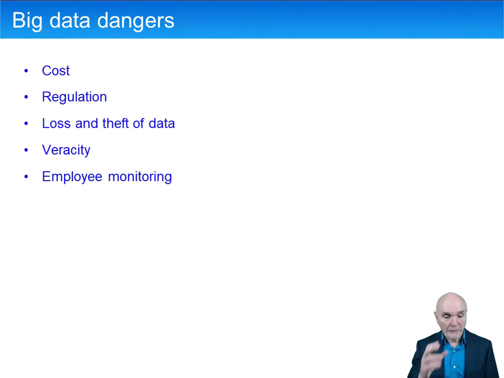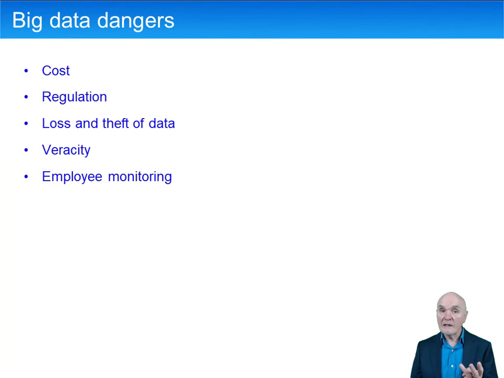There is the problem of loss and theft of data, hackers coming in, accessing people's buying habits, accessing people's credit card numbers, accessing maybe people's addresses and so on. It's not great if a hacker comes in and discovers when you're on holiday, because probably your house is going to be empty then, and it's quite a good time to be a burglar. Veracity.